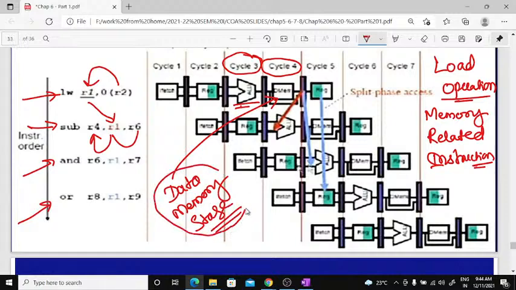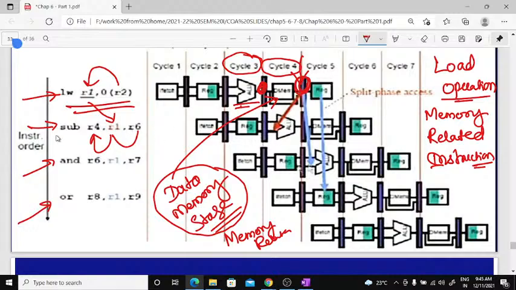So this particular cycle 4 handles the memory related instructions only, because the ALU only performs arithmetic and logic instructions, so we cannot get the data there. For this load operation, we will get the data at the end of clock cycle 4, from the buffer latch.